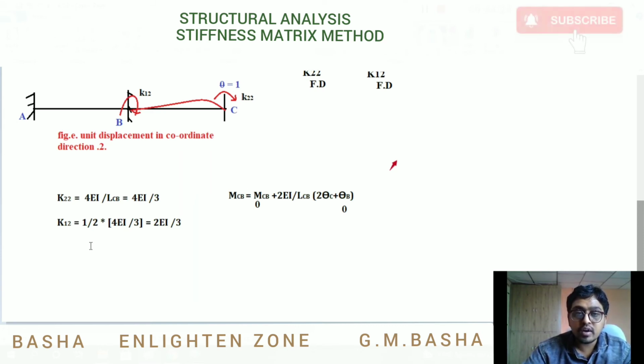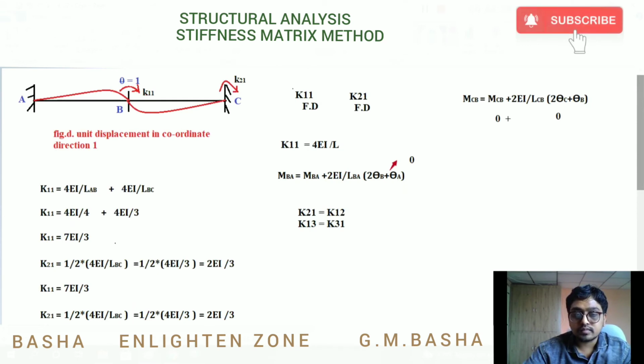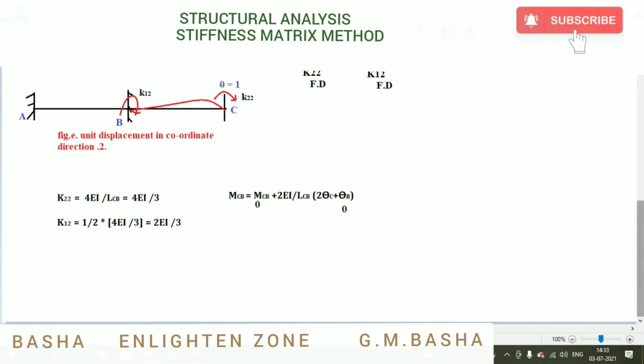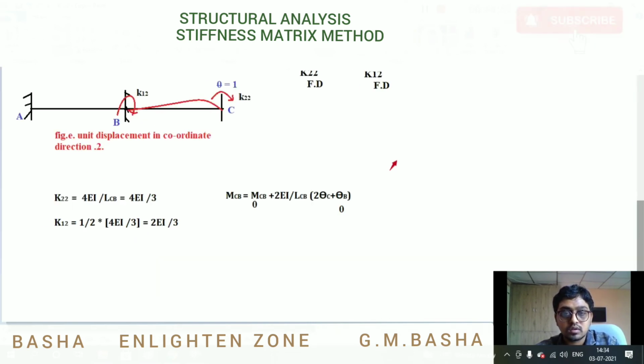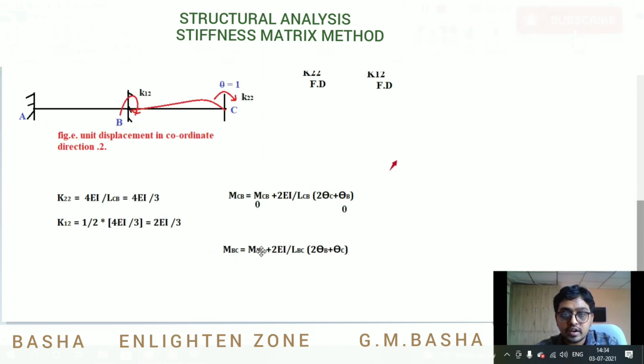Again, simplify MBC also in the same manner in this equation. See here, for MBC, for K12 purposes we are at the B position, so we are solving this K12.